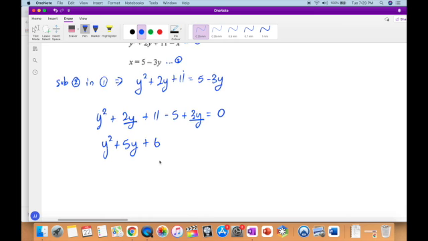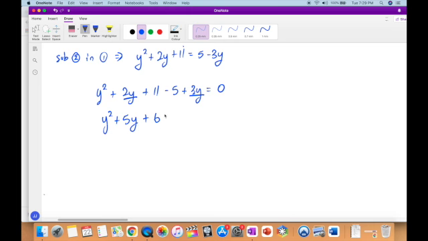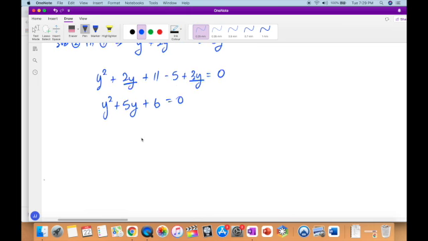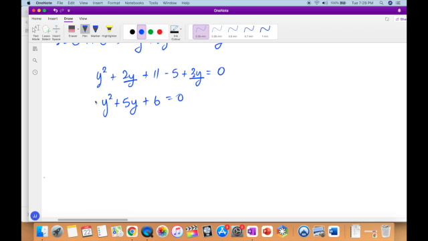Okay? And now I have to factorize this in order to get the values for y. So to factorize, I could see that the value of a is 1, so I don't have to worry about that grouping thing. I could just factorize. So I need two numbers that when you add them, you'll get 5, and when you multiply them, you'll get 6. And that should be pretty easy.